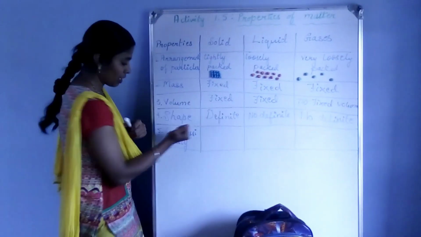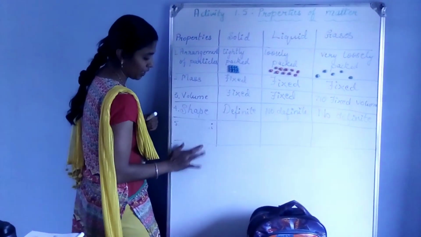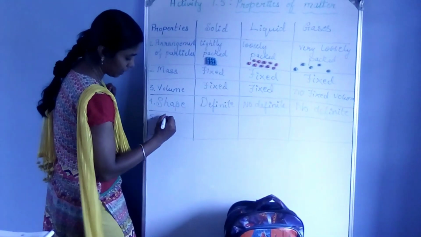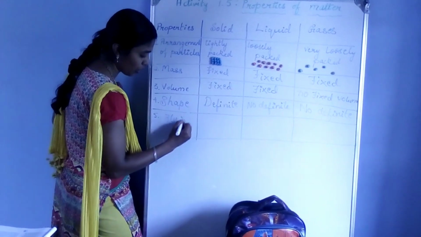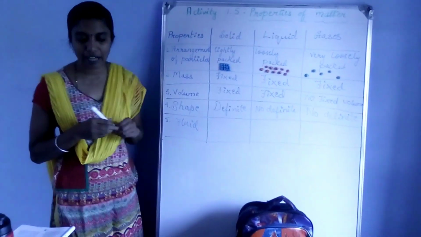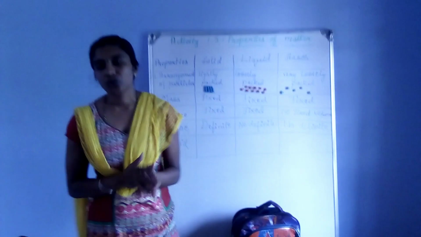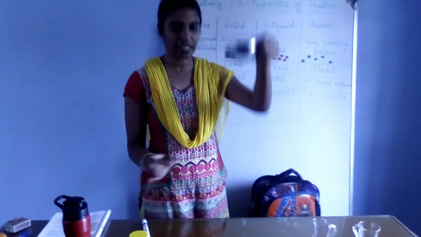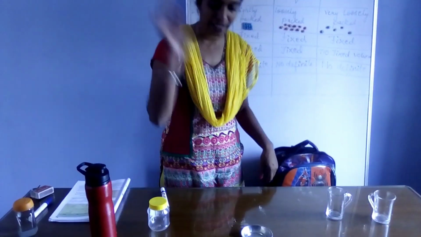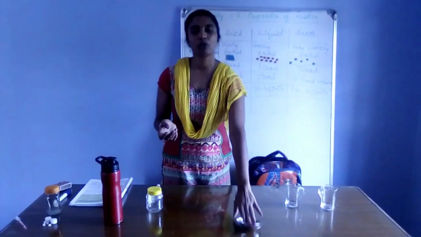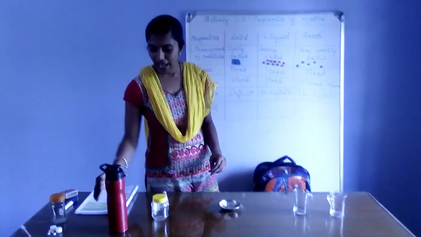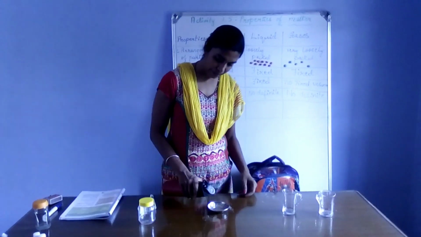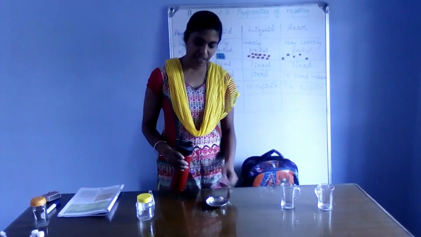Then coming to the next part, that is fluidity. The name fluid is given to liquid and gas. Solids can't be called fluid because you know that liquids and gases can flow. Solid cannot flow. If I keep this solid, it will not move unless I am applying a force on it. Whereas if I spill a liquid, it flows and occupies the space wherever it is available.